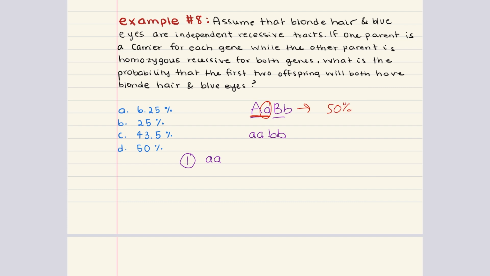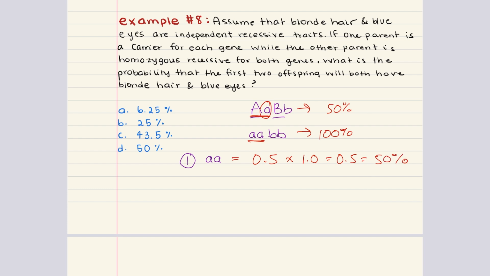And then from the homozygous recessive parent, the offspring will always inherit a recessive allele, so 100%. To figure out the probability of having blonde hair, we just multiply the two probabilities. 0.5 multiplied by 1, this gets us 0.5 or 50%.